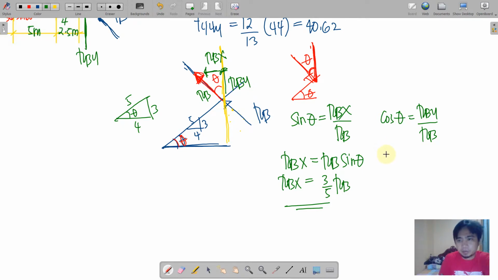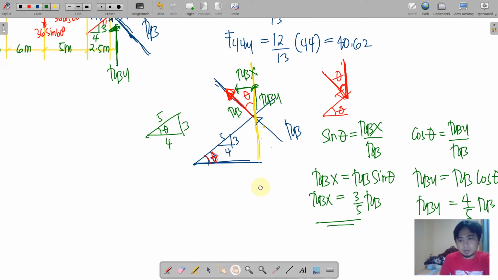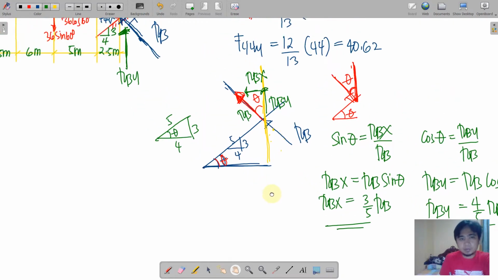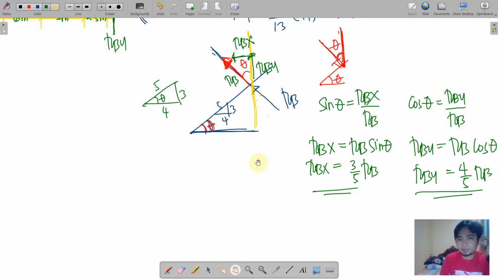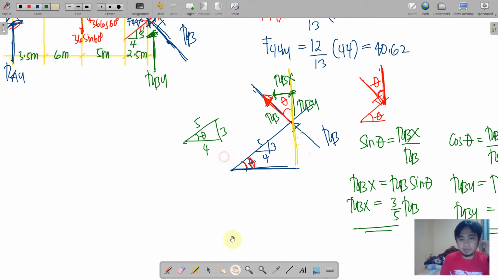So RBY will now be equal to RB cosine of theta, and cosine of theta is of course 4/5 of RB. Okay, so we have here a complete figure.